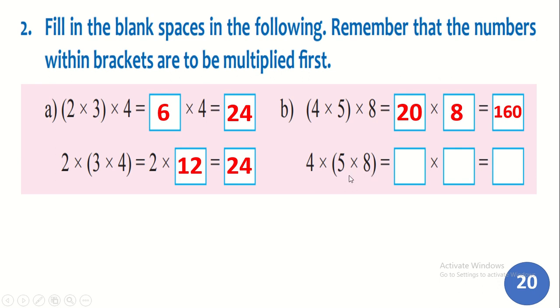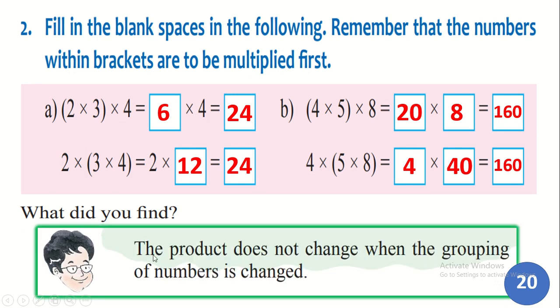First is 5 times 8, which is 40. 4 times 40 is 160. Okay, what did we find here? The same answer, right? The product does not change.